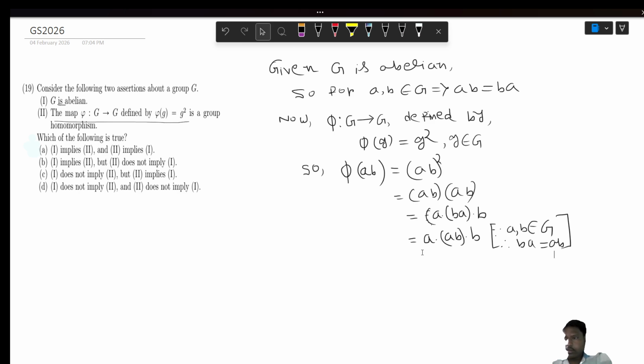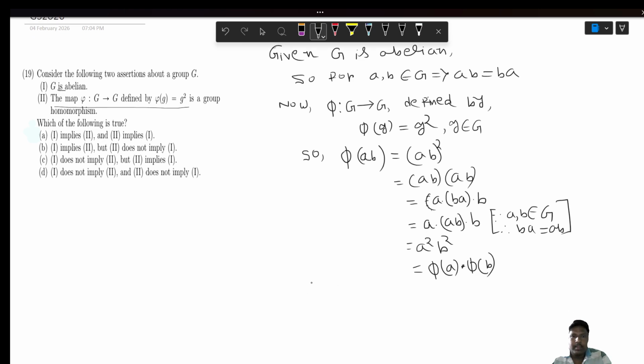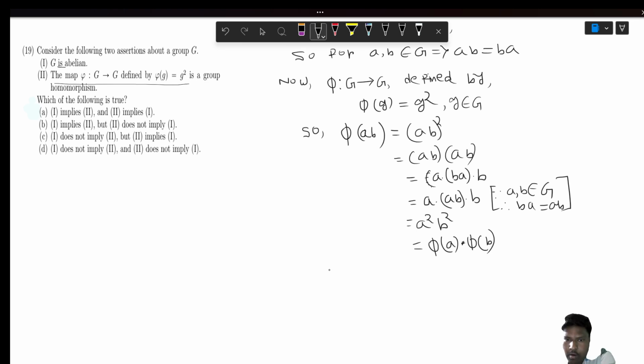Then this gives a square times b square, which is nothing but phi of a composition of phi of b. So if star is a group composition, then we see that phi of a composition b gives phi a composition phi b.